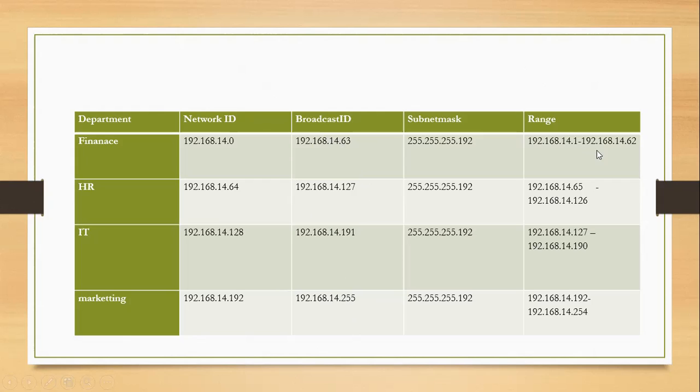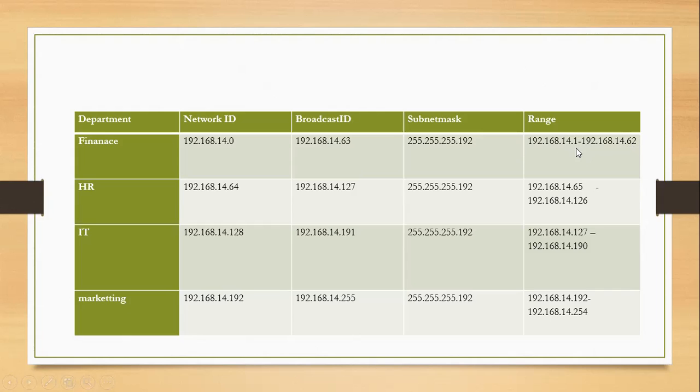So those are the network IDs and broadcast IDs, as there are 64 hosts. When we consider the subnet mask, it is 255.255.255.192, the same for the whole department. And when considering the range, we do not take the network ID and the broadcast ID.